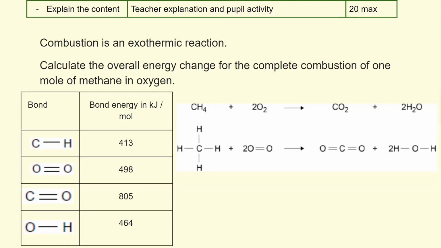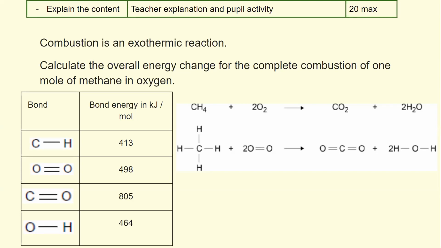When you want to break a carbon-hydrogen bond, for example, it always takes the same amount of energy. I think, is it 413? It tells you. So to break apart that, I need 413 kilojoules of energy for each mole. Don't worry too much about the units. I need 413 energy to break apart that bond.